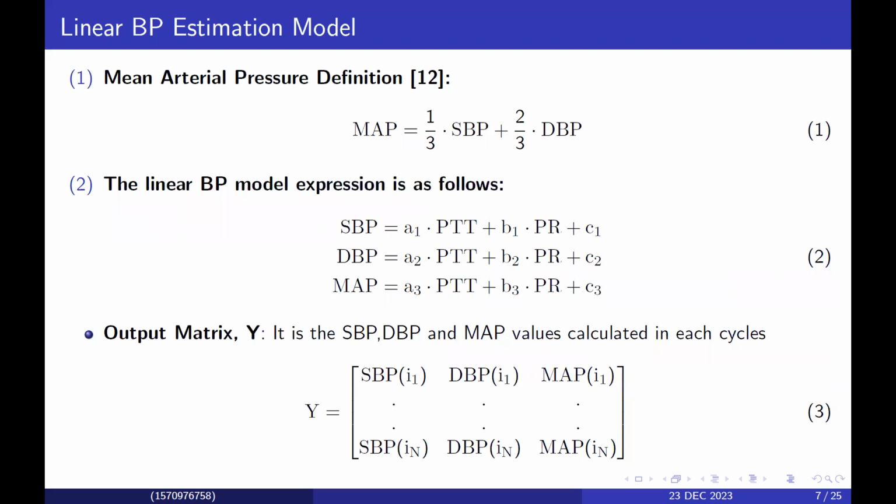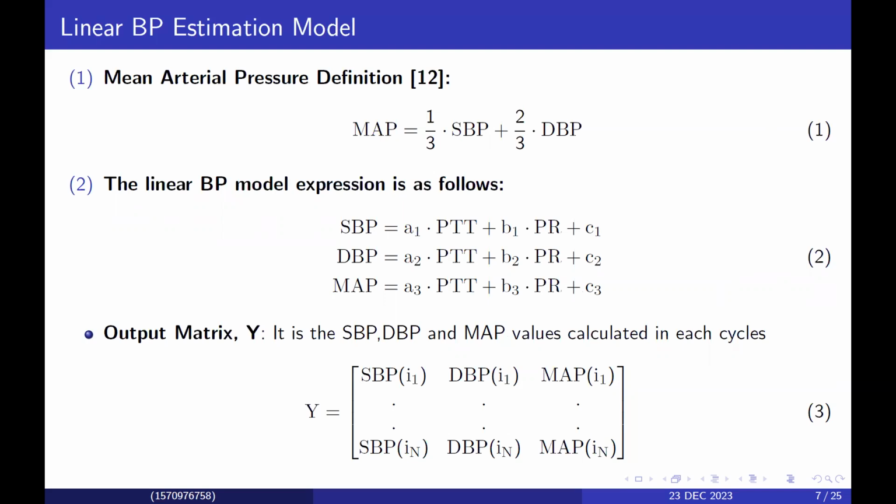First, the linear BP estimation model. The MAP is defined as 1/3 SBP and 2/3 DBP. In order to define a linear model, we characterize SBP, DBP, and MAP values as a function of PTT and PR values.